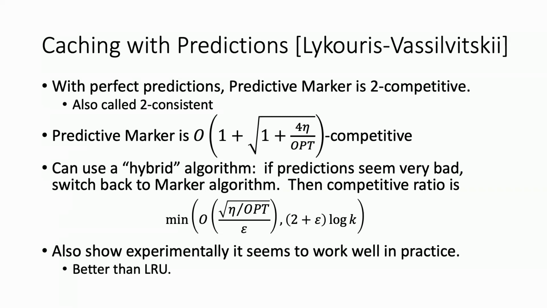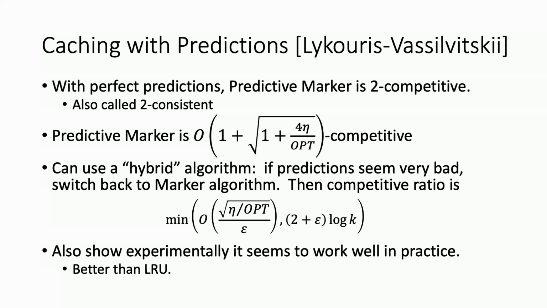That's one of the things we want. And they point out, and this is something you could probably do in a bunch of algorithms, that if your predictions seem to be going wrong and you're getting performance that's not what you expected, you can just say, forget it, I'm going back to the regular marking algorithm. And essentially they show that you figure that out after a small enough time.